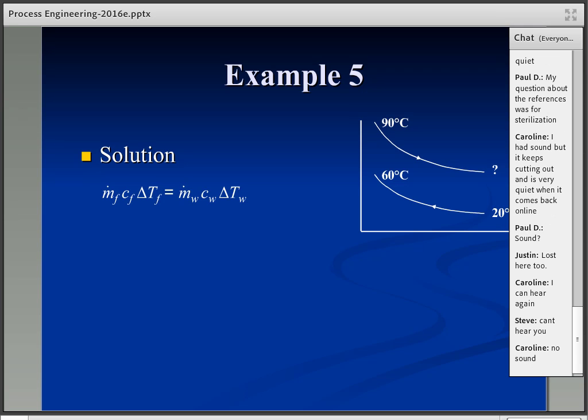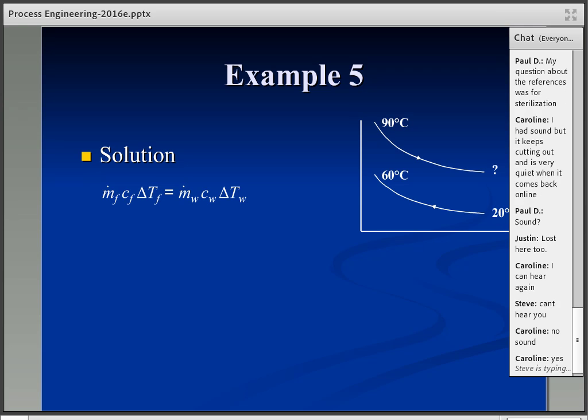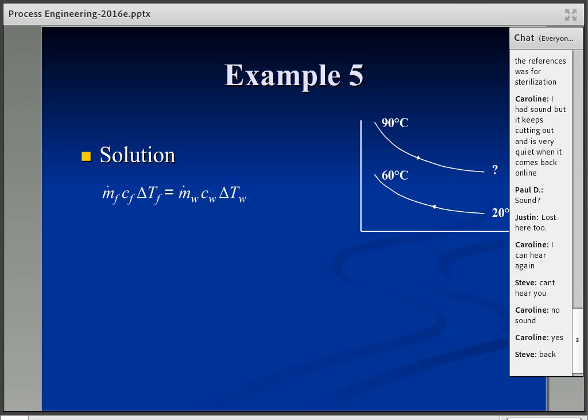Did we get the sound back? What have I got going on here? Anybody? Okay, you got it back. I just, once I lose it, it seems to come back when I mute and unmute. I know when I lose it now because it gives me a beep. So if it happens again, hopefully I'll be able to get it back quickly.